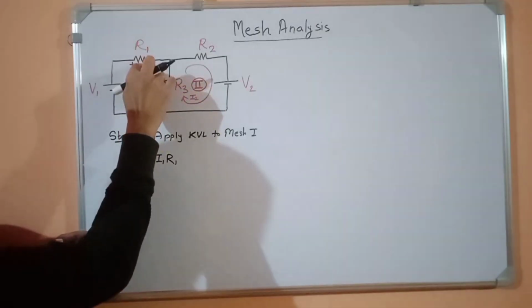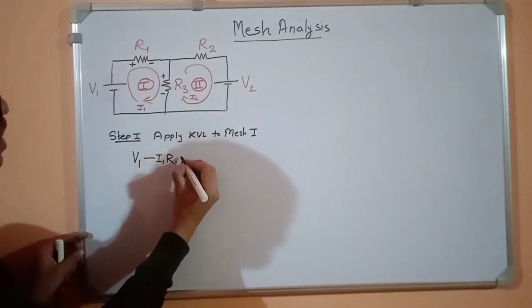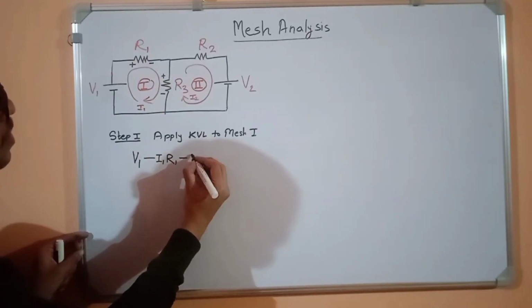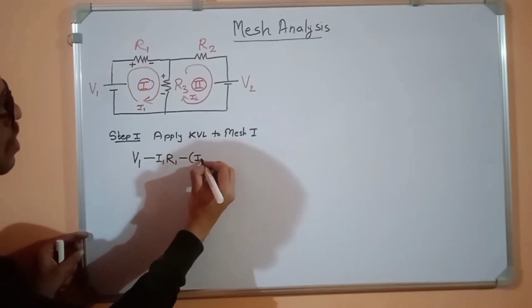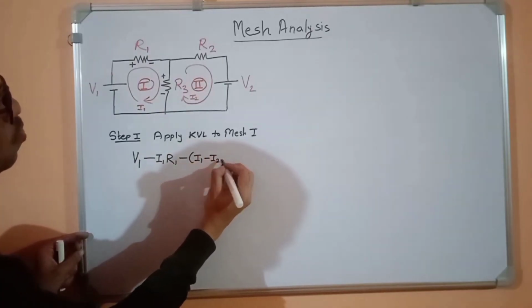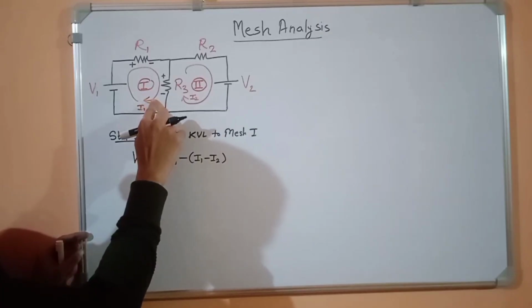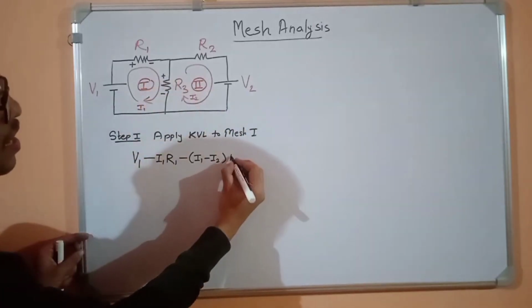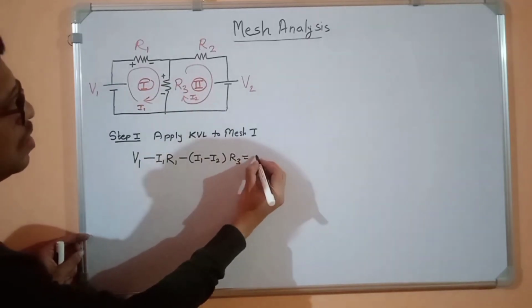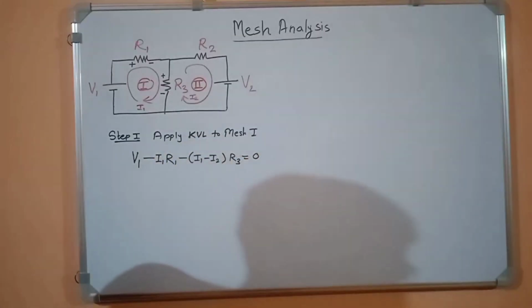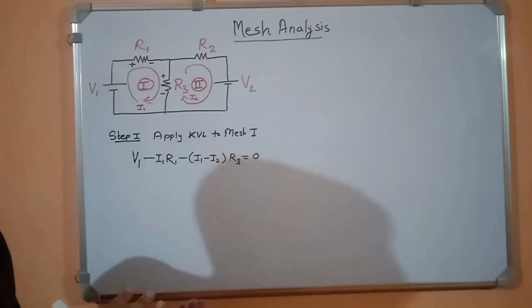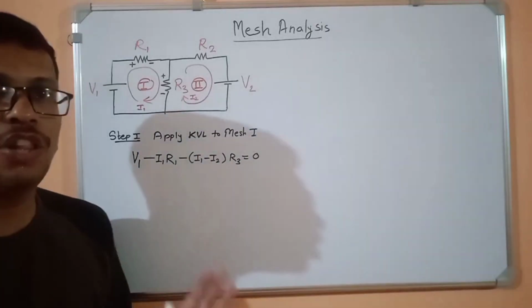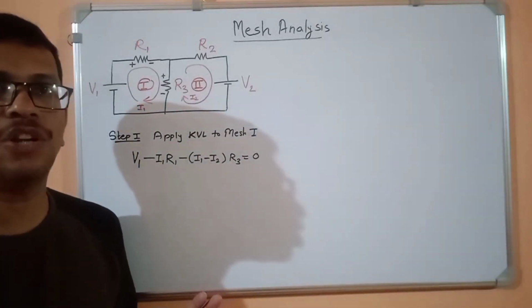So I1 into R1, and next is minus (I1 minus I2), that is the current in the first mesh minus the current in the second mesh, because it is common, into R3 equal to 0.